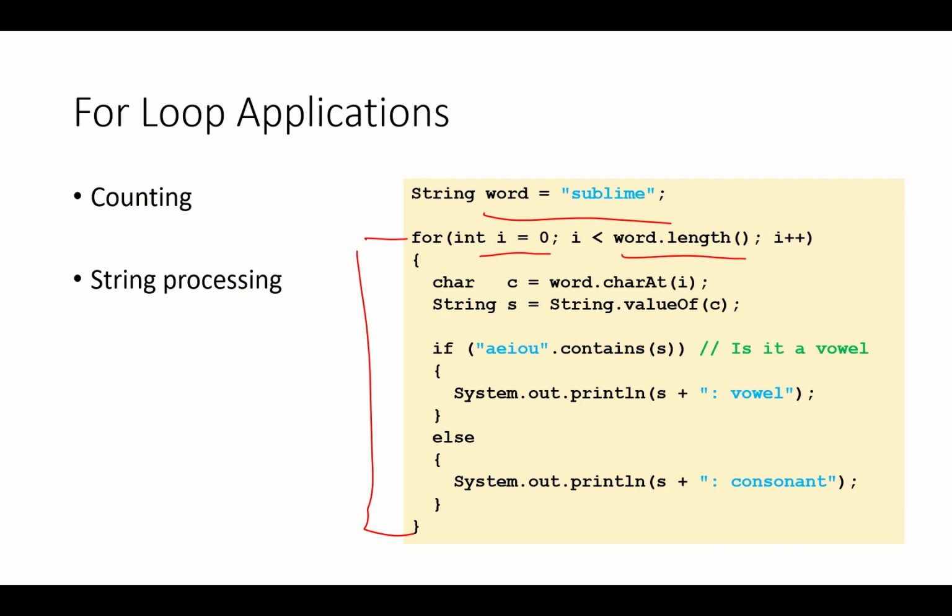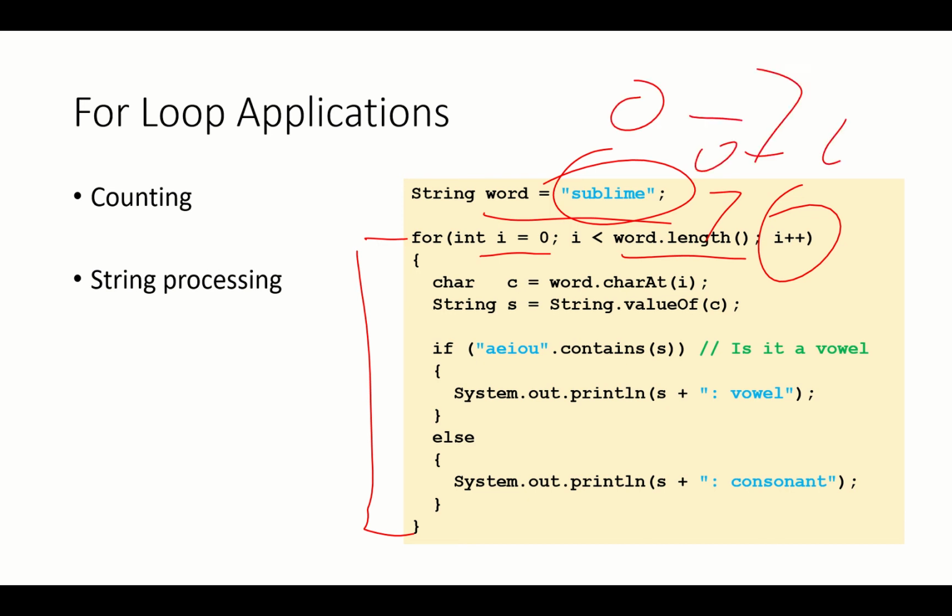Okay, so length basically will return the total number of characters there. So how many characters are there? 7. Okay, so 7. All right, right now you know how many times it will go. If you know this update, every time you update by 1, and 0 to what? To 7 or 0 to 6?